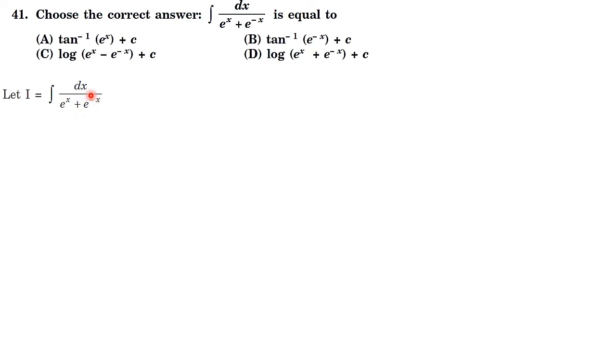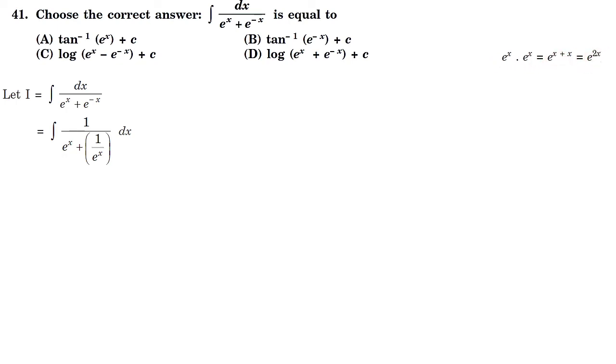So here there is e raised to minus x, this one we can write as 1 by e raised to x. The rest of the things are same, 1 divided by e raised to x plus 1 by e raised to x into dx. Then take here e raised to x as LCM. So when we take e raised to x as LCM, e raised to x into e raised to x is e raised to x plus x, that is e raised to 2x.